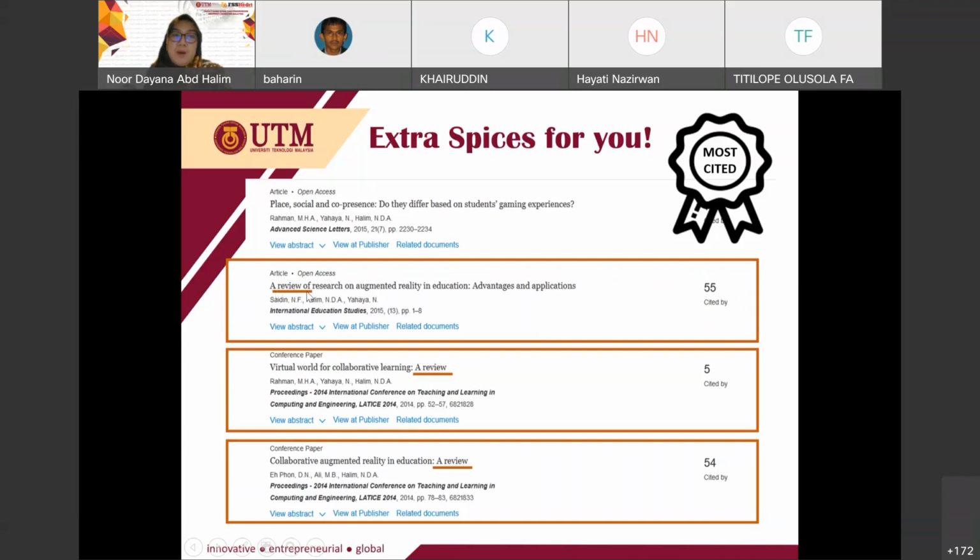The first here is a review of augmented reality. I'm sure augmented reality tools are increasing year by year. So that's why the article from Dr. Farha is famous and influential in the augmented reality field.